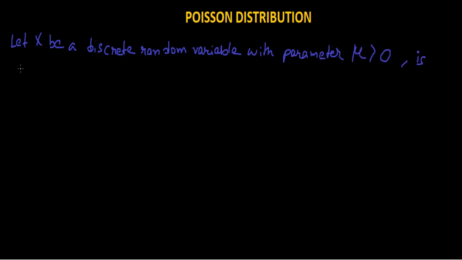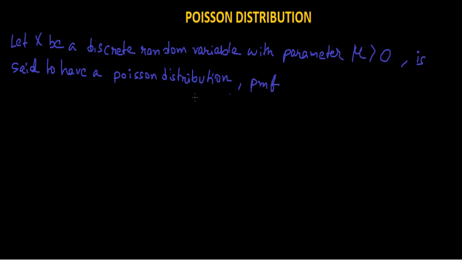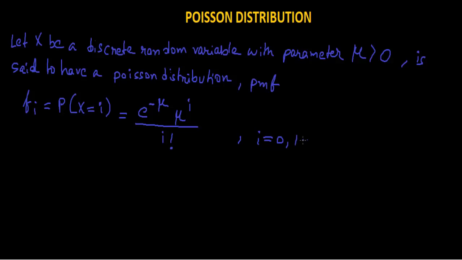It is said to have a Poisson distribution if the PMF is given like this: f(i) = P(x = i) = e to the power minus mu times mu to the power i upon i factorial, where i equals 0, 1 and so on.